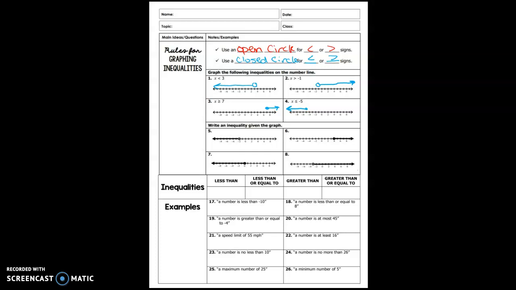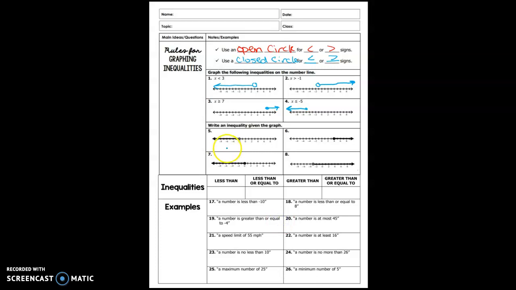Now for number 5 through 8, I'm going to do the first one for you, but what I want you to do is write an inequality given the graph. x is going to be our variable. We're going to have either a closed circle or an open circle, and that tells us whether it's less than or greater than, or less than or equal to or greater than or equal to. We're always going to start with x.